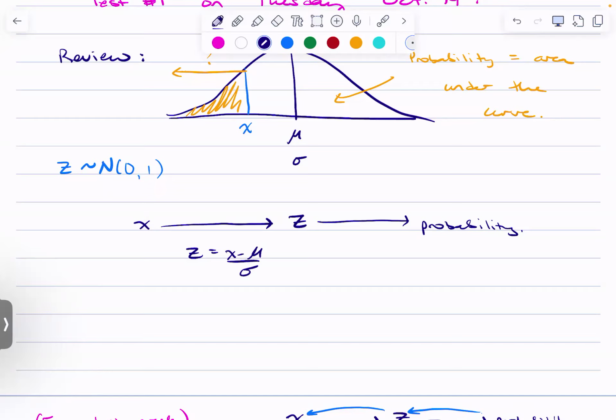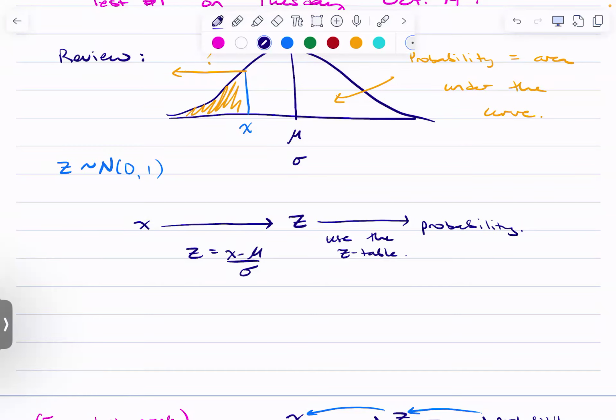Or if you can figure out your calculator, a lot of calculators calculate the probabilities for z as well. But that's not something that I'm expecting you to do, but you're welcome to use it if you know how. We use the Z table to find the probability.